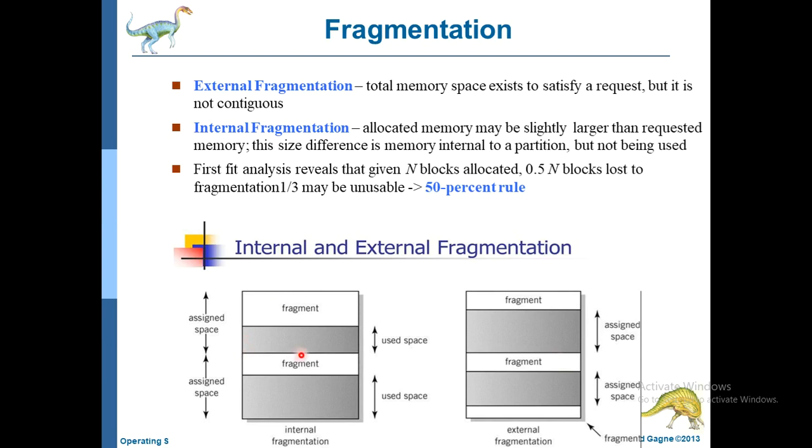So in both internal and external fragmentation, almost 0.5 blocks are lost, right? That means when n blocks are allocated, 0.5n blocks are lost to fragmentation. This much will be wasted. This is called the 50% rule, right?